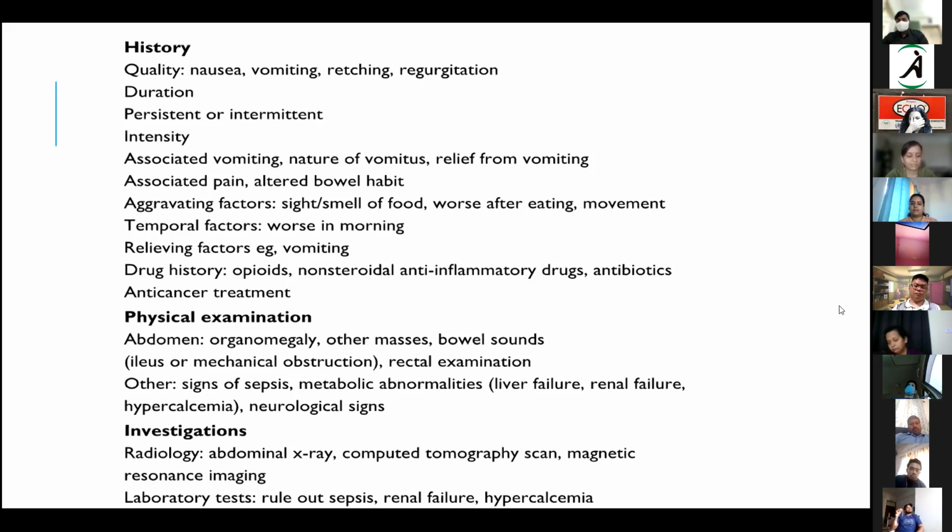Other signs may be infection, or metabolic abnormalities like hyponatremia, hyperkalemia, hypocalcemia. You'll have patients coming with nausea along with vomiting, severe renal dysfunction, liver failure. They would have persistent nausea as a symptom, or certain neurological issues.